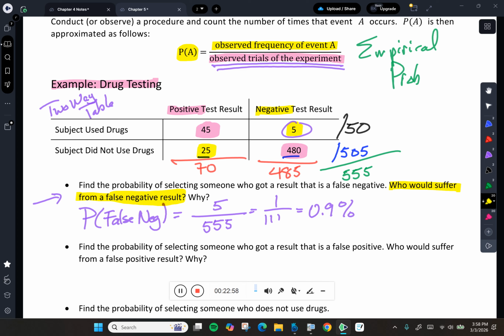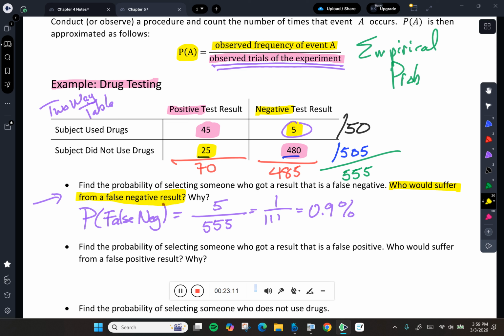Then a negative test result, and if you're on drugs, that means that it said no, you were not on drugs, and if the drugs somehow affect your ability to drive this heavy machinery, you might end up hurting somebody. So I guess it would depend on why we were testing, but the false negative says you didn't when you did. Right?